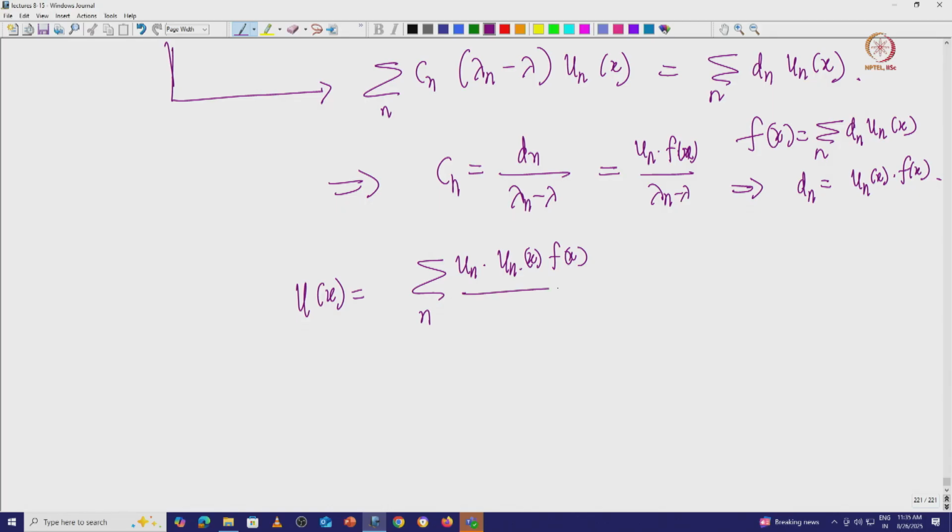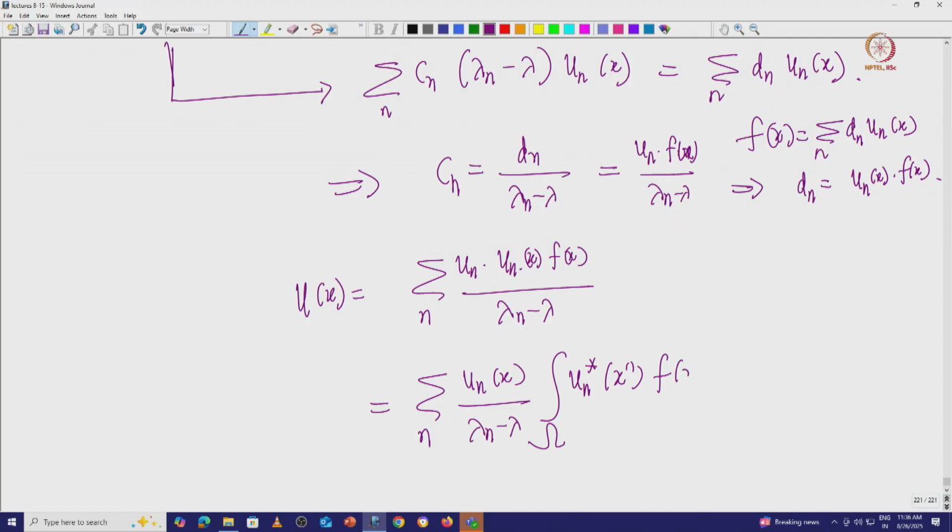Now I know I am going through a lot of calculations, just follow me through this. What I will end up getting is sum over n un of x by lambda minus lambda n, times the integral over the solid of un star of x prime f of x prime d cube of x prime.